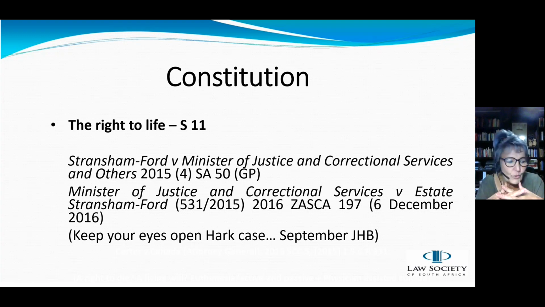So he's asking the court to have the right to end his life should it become unbearable. It was supposed to be handled in court again in September this year, but I have heard nothing. So just please keep your eyes and your ears open if it is in the media or something happens with that court case.